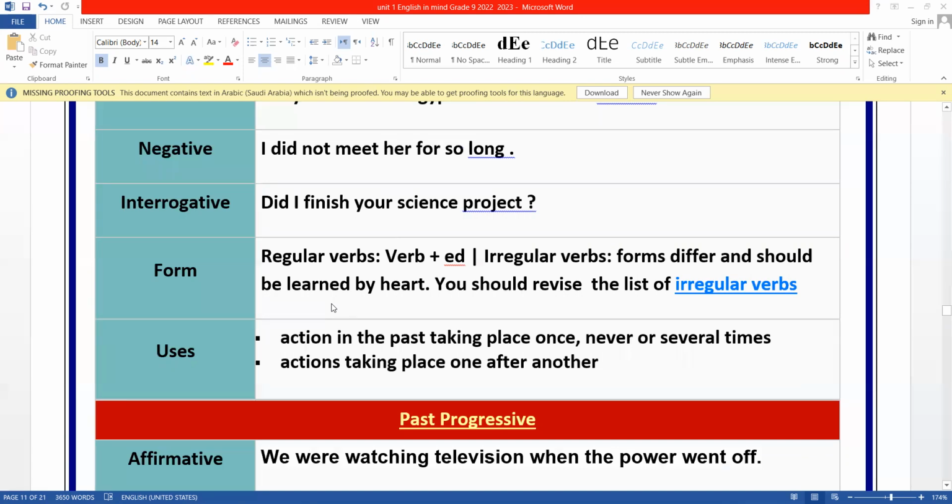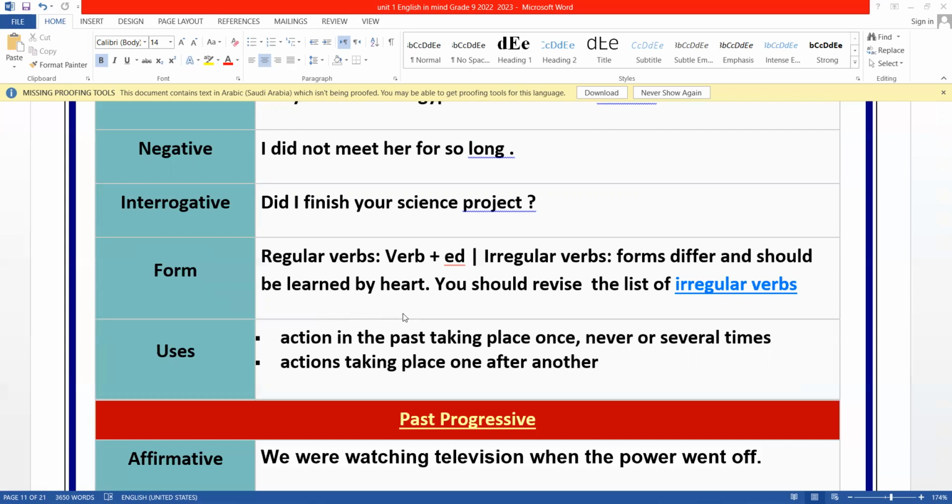We use the past simple tense with regular verbs. We add ed to regular verbs. Irregular verb forms differ and should be learned by heart. You should revise the list of irregular verbs. As you see, we have two kinds of verbs, regular verbs and irregular verbs.